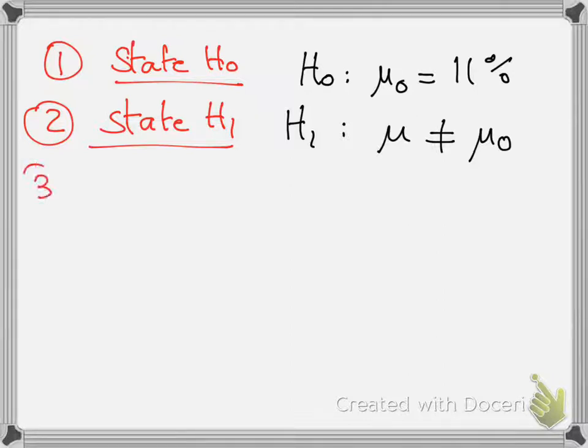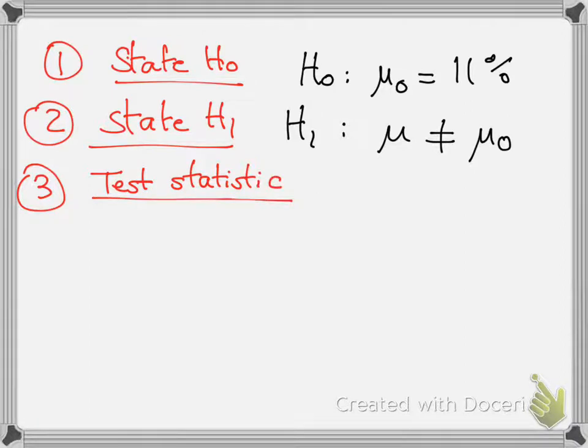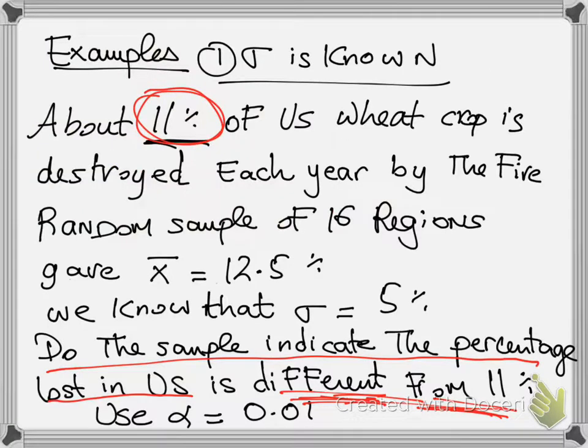So third step, we said we need to compute the test statistic. Here, the question is, is sigma known or unknown? Well, sigma is known here. The population standard deviation is 5%, so sigma is known.